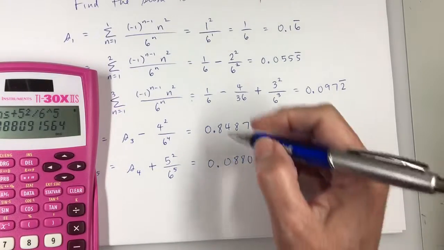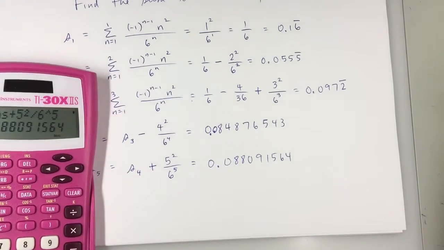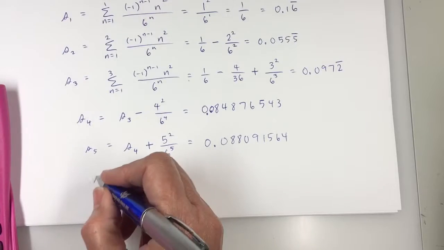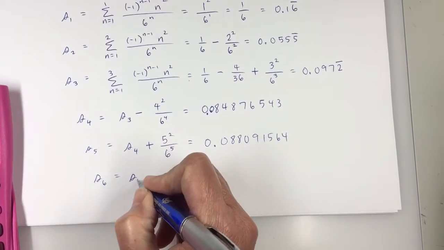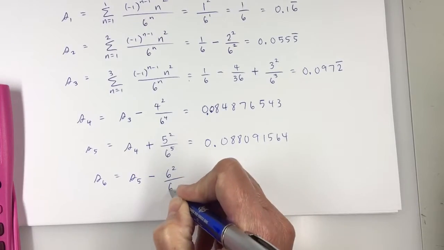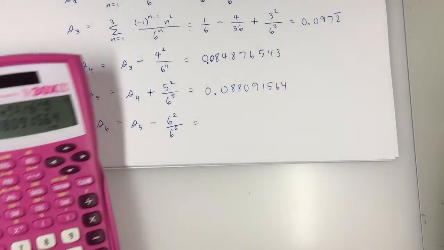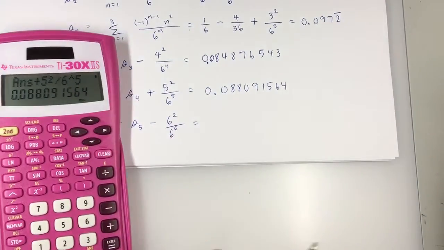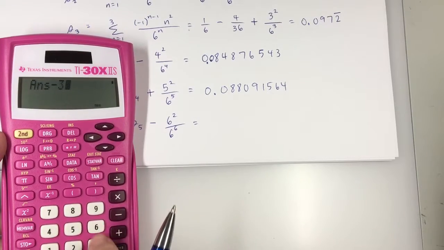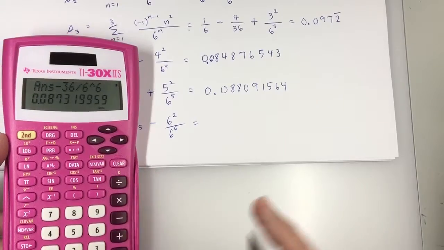Yeah, that should be a 0. Okay. A 0 there. So now for S sub 6, that's going to be S sub 5 minus 6 squared over 6 to the 6, which I could reduce, but I'm not going to worry about that. I'll just do minus 6 squared is 36 divided by 6 raised to the 6.